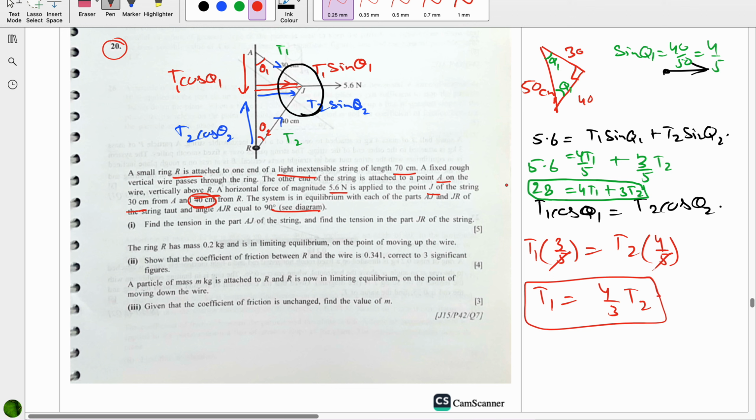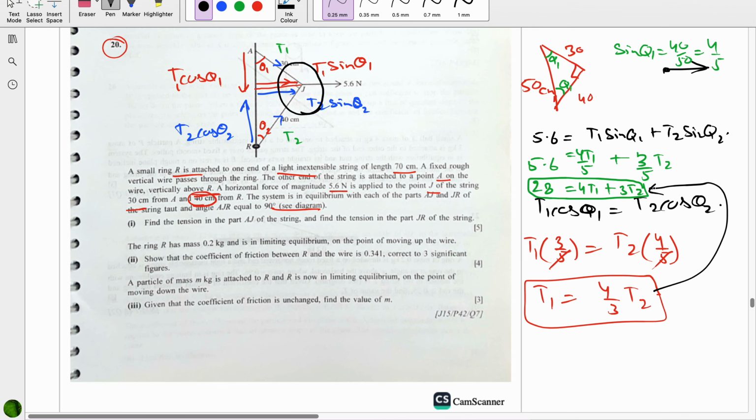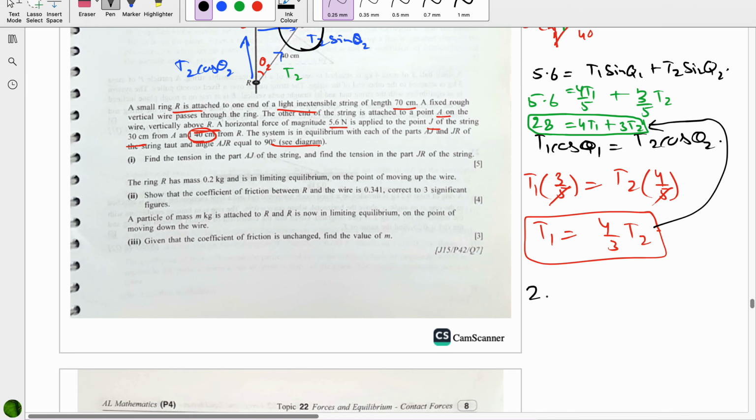We can substitute this T1 in the previous equation right here, and that would be 28 is equal to 4 times 4 by 3 T2 plus 3 T2. The only unknown is T2, and we can solve for that.